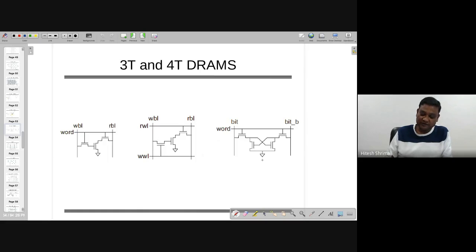So here, if you look at this, it's similar to what we have studied. And here you also have the Q and Q bar, right? Or Q underscore B. And two access transistors are there, A1 and A2, and maybe two driver transistors, D1 and D2. So here there are two transistors on which you are writing or reading the value. So here the effective capacitance is playing the role.